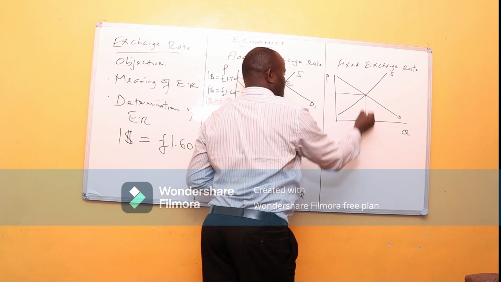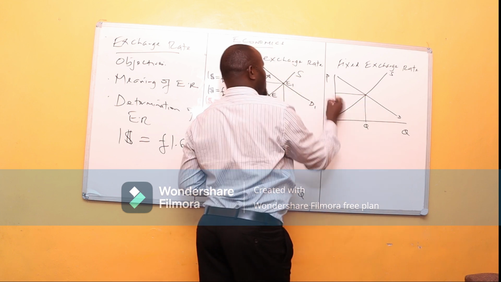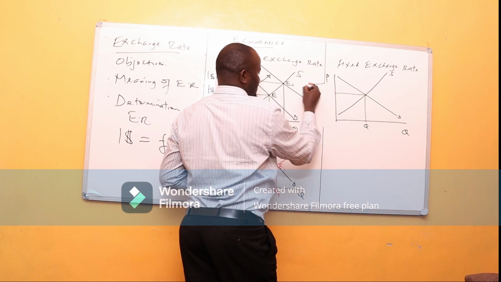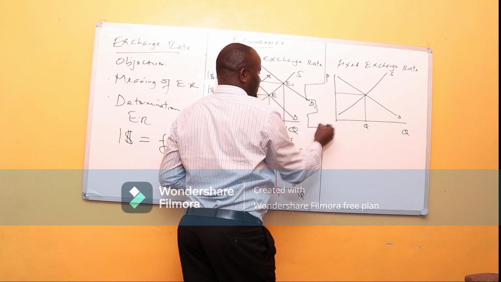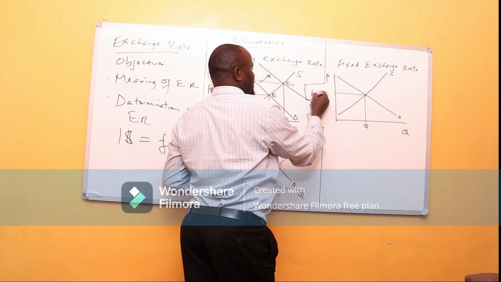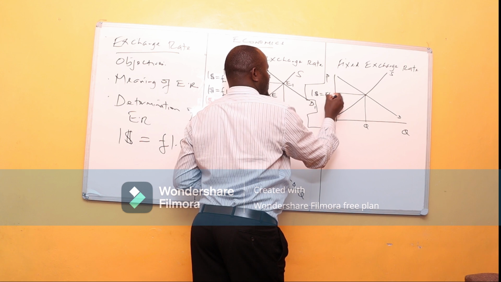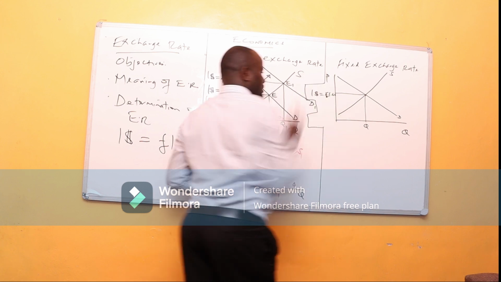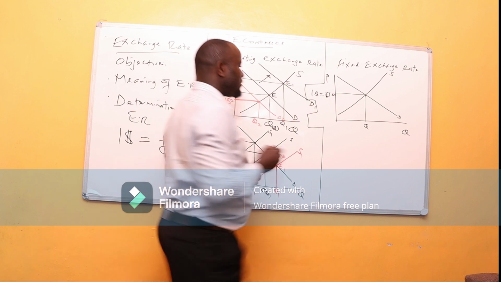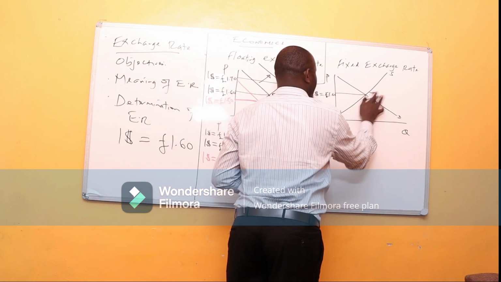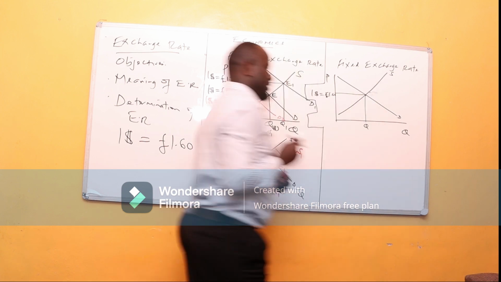This is our equilibrium, Q, and we are having our exchange rate as a dollar is equivalent to, let's say, 1.60 pounds. In that case, we are at equilibrium at that point.